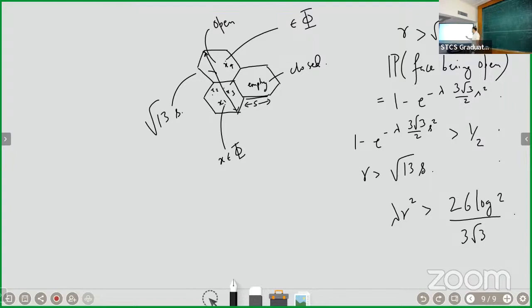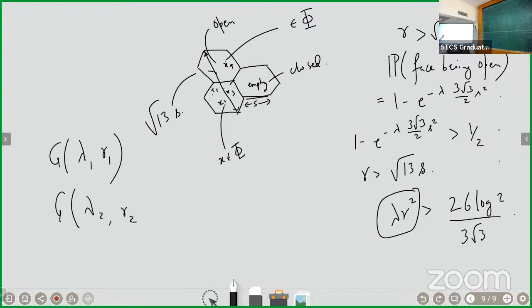In fact, this is the invariant. You think about it a little bit. By invariant, I mean that pick one model, which is lambda 1, and another model where it is lambda 2. Percolation properties of these two graphs are same as long as lambda 1 R 1 squared equals lambda 2 R 2 squared.